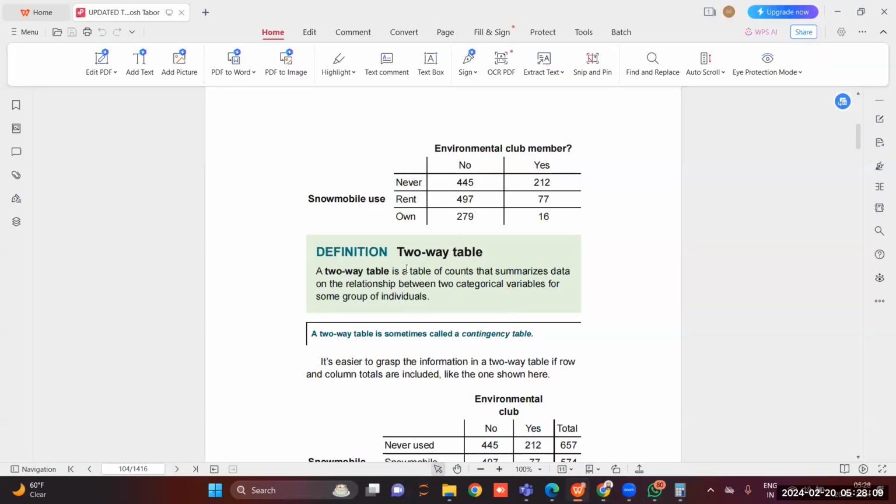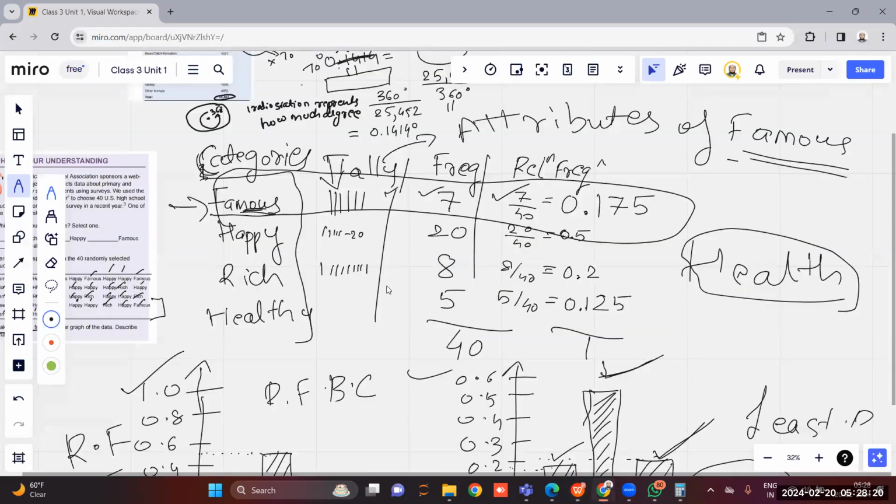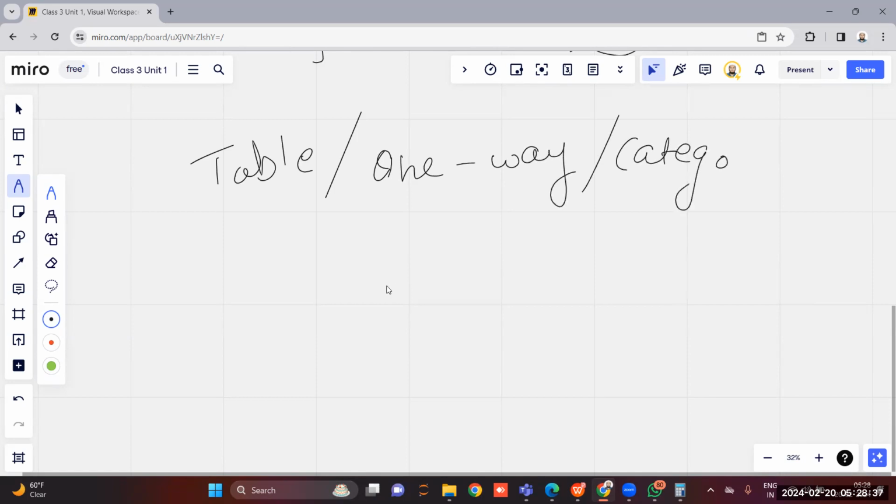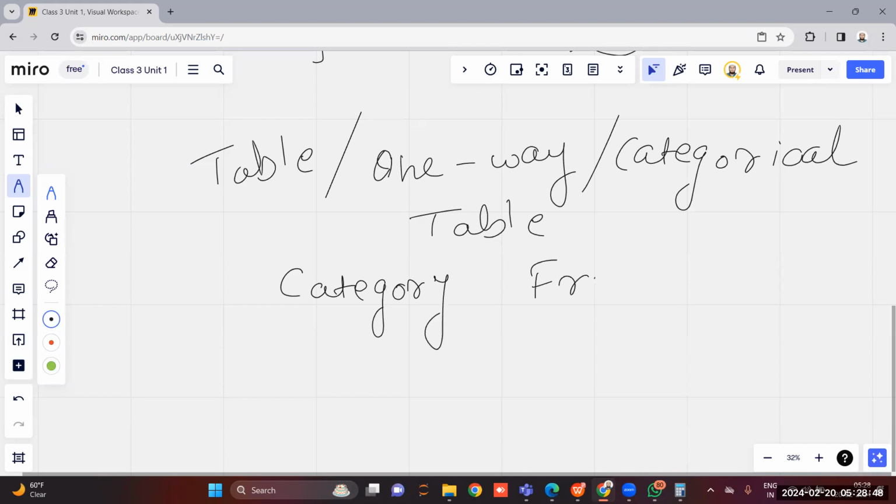But in a two-way table, what's a two-way table? A two-way table is a table of counts that summarizes data on the relationship between two categorical variables for some group of individuals. In the morning also, the table we were studying earlier was a one categorical table, in which we were listing a category here and then marking its frequency here.